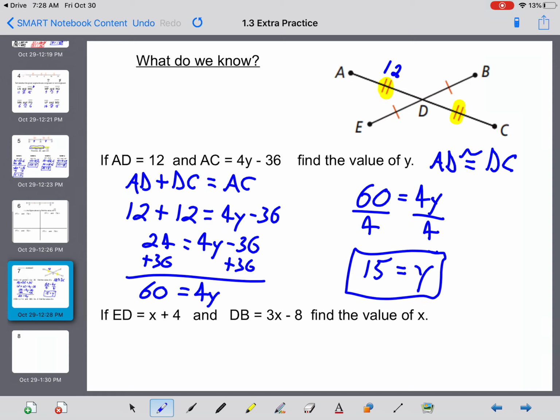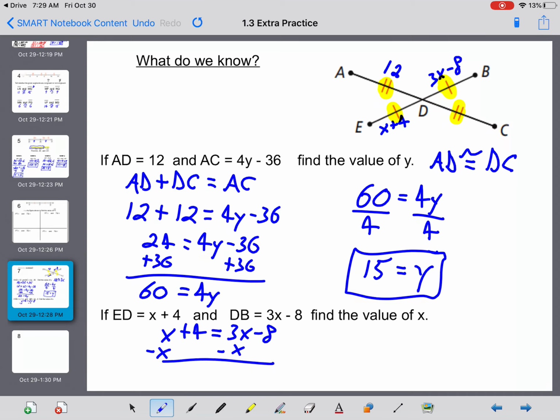Okay. If ED equals x plus 4 and DB equals 3x minus 8, find the value of x. Well, again, we know that ED and DB are congruent. So x plus 4 equals 3x minus 8.